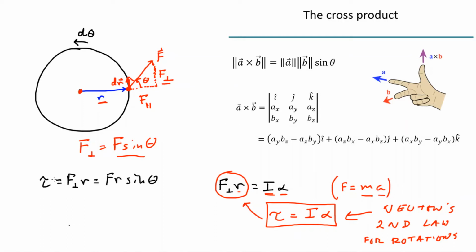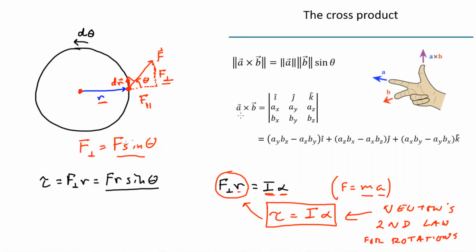Well, it turns out we have a quantity that gives us this exact expression, a way of multiplying two vectors together that gives us a third vector whose magnitude is the product of the two vector magnitudes times the sine of the angle between them. That quantity is called the cross product. The cross product we write with an x, a little cross here. So A cross B equals the magnitude of A times the magnitude of B times the sine of the angle between A and B.